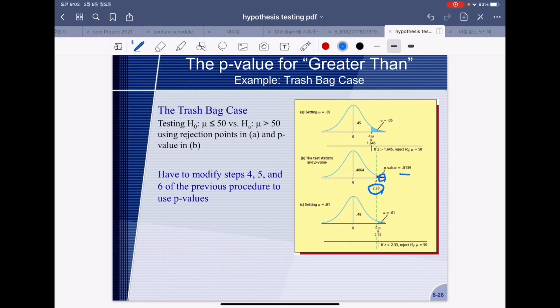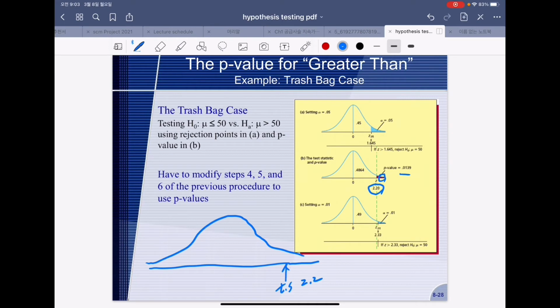Now, think about this. Let me draw a graph like this. This one is the test statistic, 2.2.